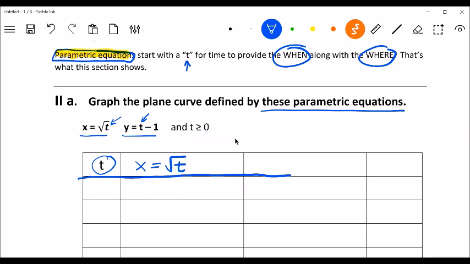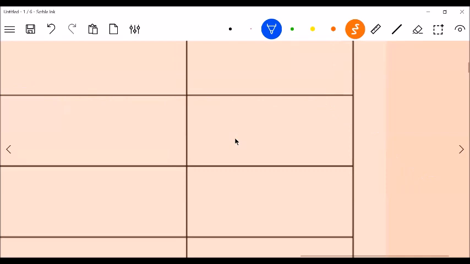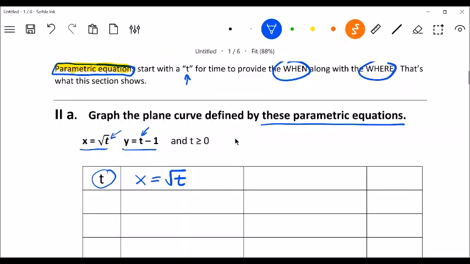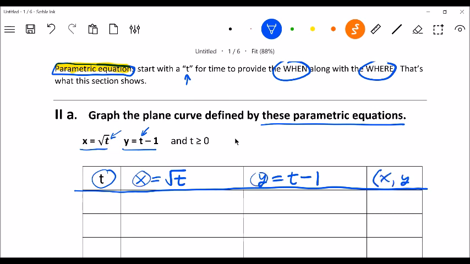The first row has the headings for the columns. We're then going to have y equals t minus 1. And at the end, because we're doing an x and a y, we will get an x and a y that we'll be able to plot in order to graph it.